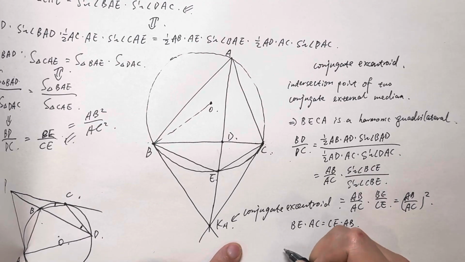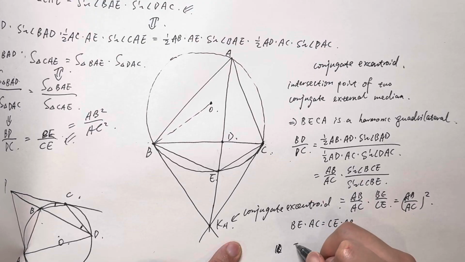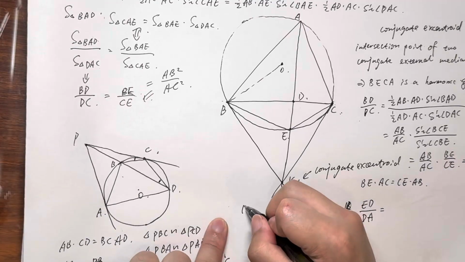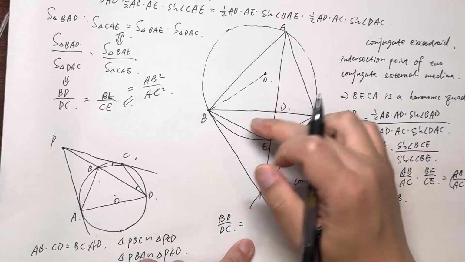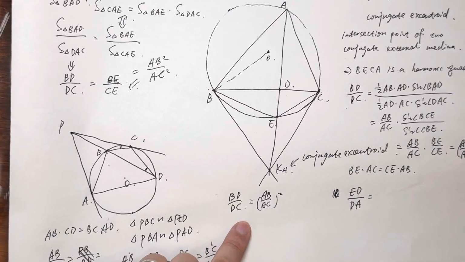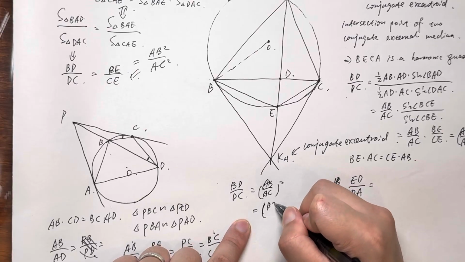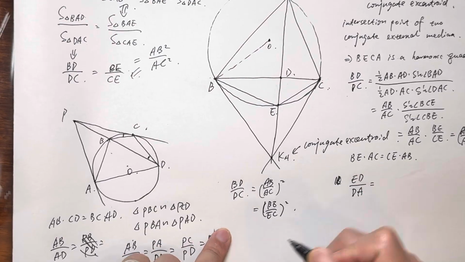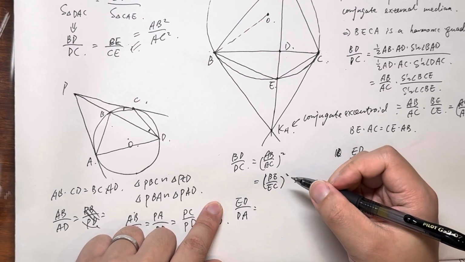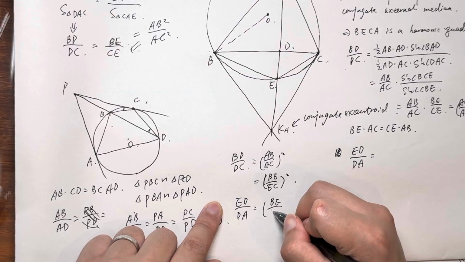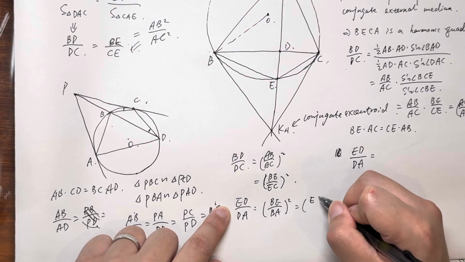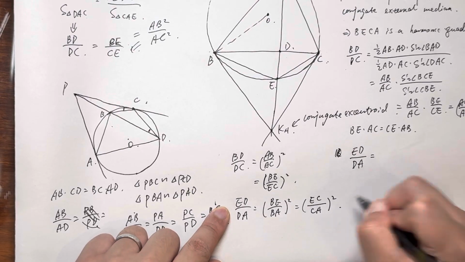Similarly, you can prove that ED to DA equals, actually here I haven't finished yet. So BD to DC equals AB to AC squared, and it also equals BE to EC squared. Similarly, you can get that ED to DA equals BE to BA squared, which also equals EC to CA squared.